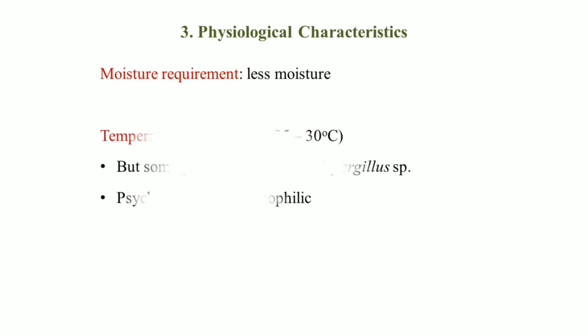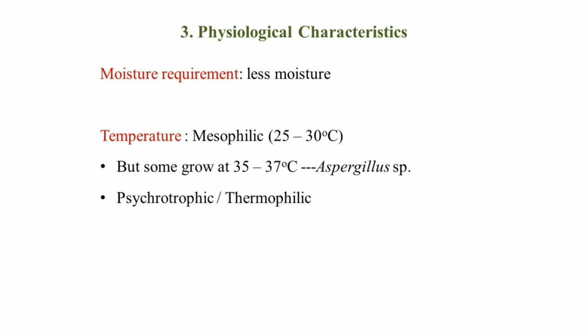Moving on to physiological characteristics. Moisture requirement. Molds require less moisture when compared to yeast and bacteria. Temperature. Molds are mesophilic. Temperature varies from 25 to 30 degrees Celsius, but some grow at 35 to 37 degrees Celsius, for example Aspergillus species.